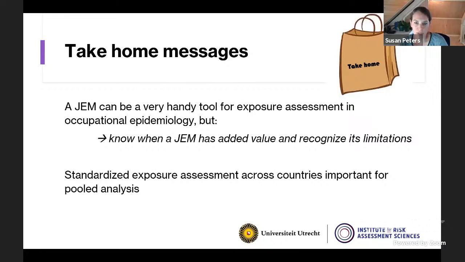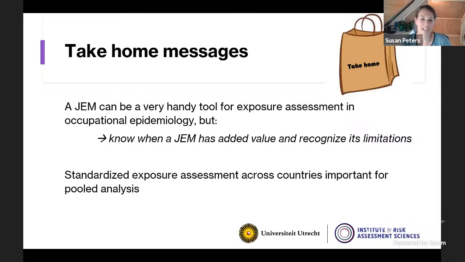So that was what I was going to talk about today. To take home, please remember GEM can be a very handy tool for exposure assessment in these large occupational studies. But it's important to recognize its limitations.